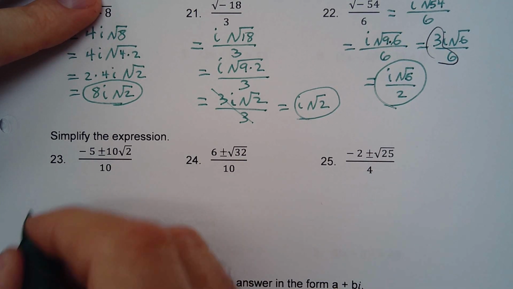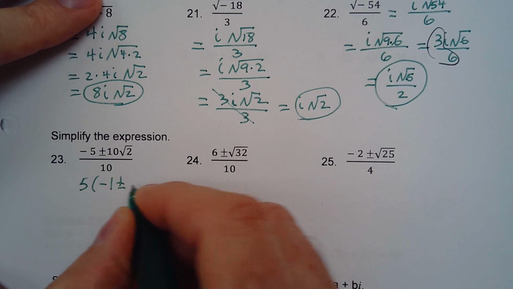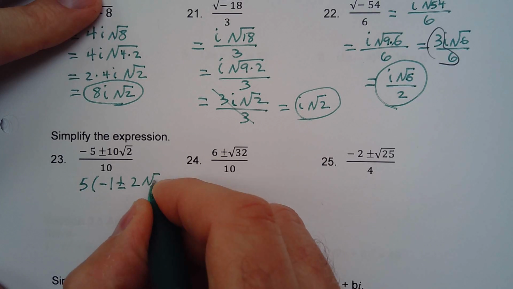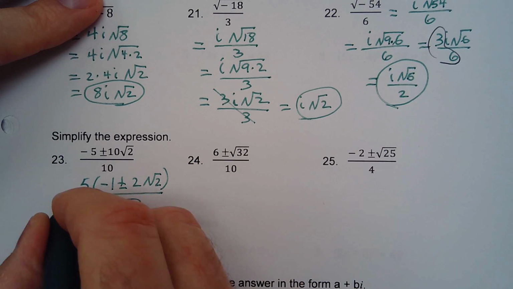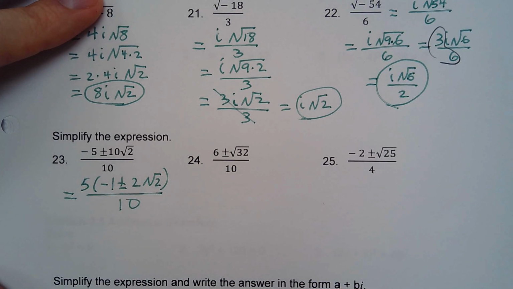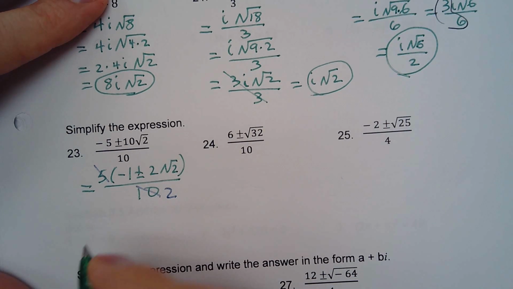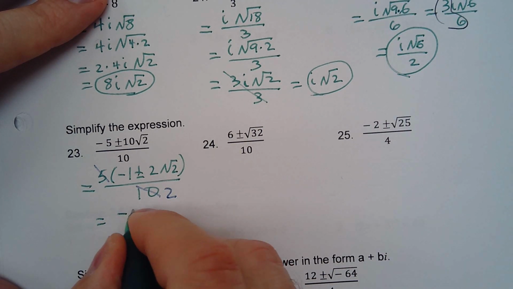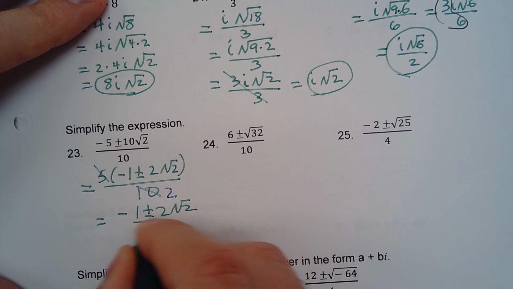So I'm going to factor out a common factor of 5. And now I can reduce. So it becomes negative 1 plus or minus 2 square root of 2 over 2.